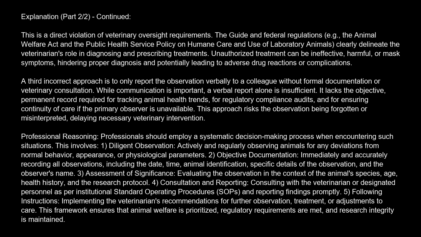Assessment of significance, evaluating the observation in the context of the animal's species, age, health history, and the research protocol. 4. Consultation and reporting, consulting with the veterinarian or designated personnel as per institutional standard operating procedures, SOP, and reporting findings promptly. 5. Following instructions, implementing the veterinarian's recommendations for further observation, treatment, or adjustments to care. This framework ensures that animal welfare is prioritized, regulatory requirements are met, and research integrity is maintained.